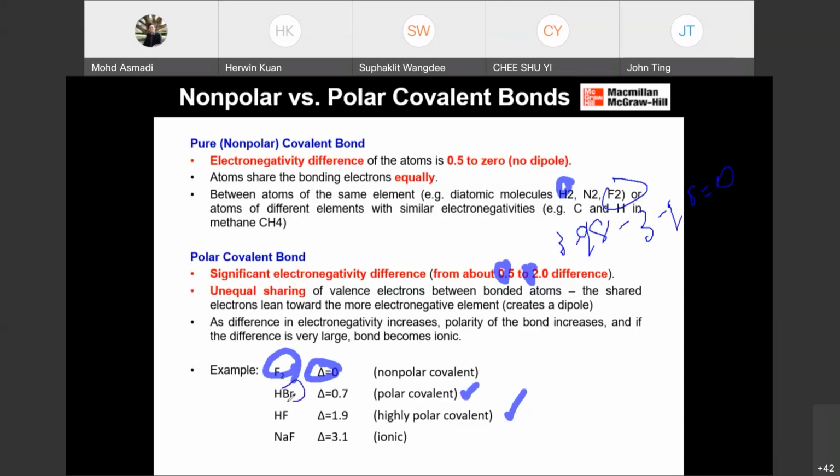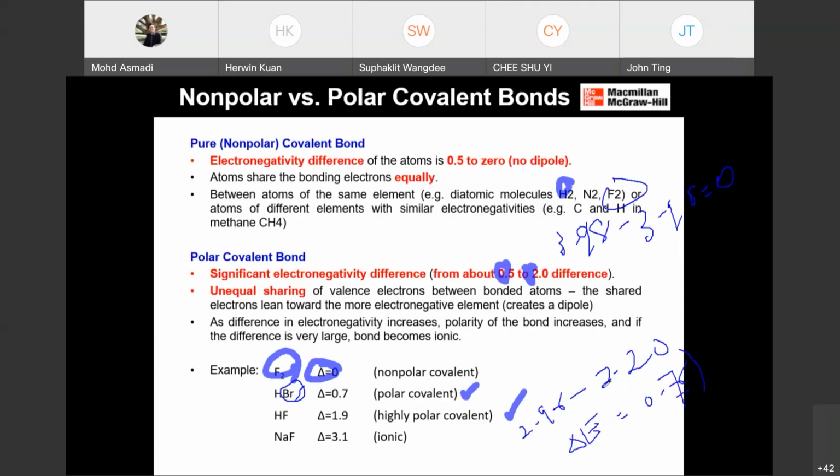But for HBr, if you look at here, hydrogen is 2.20, and then Br, bromine, is 2.96. So if you look at here, that electronegativity difference is around 0.76.